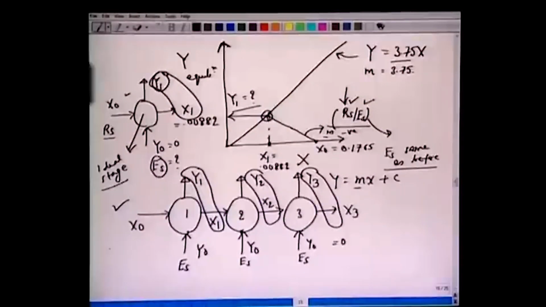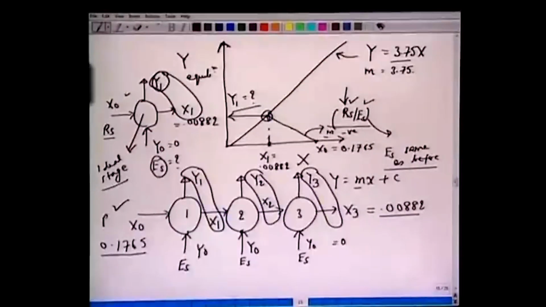X0 is given to us same as before, 0.1765, and x3, from stage number 3, the stream which comes out from stage 3, this concentration is also given 0.00882. So, these two are the same as before.